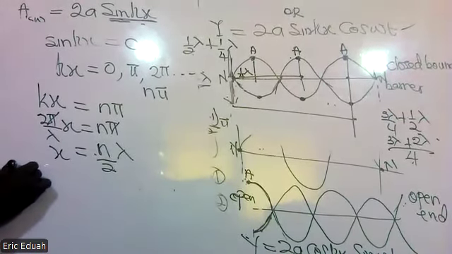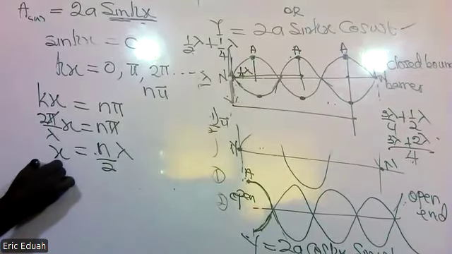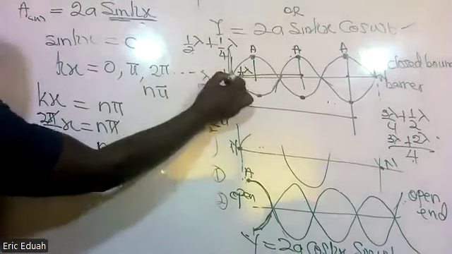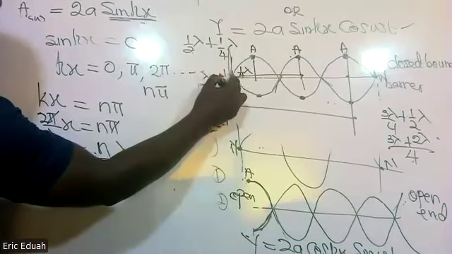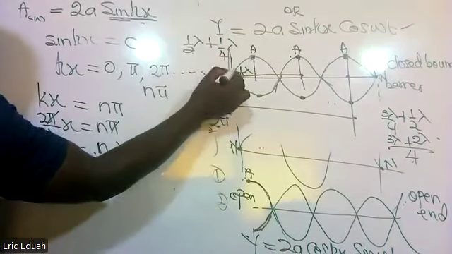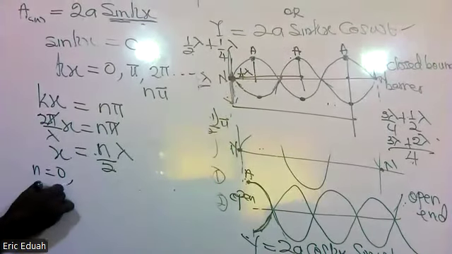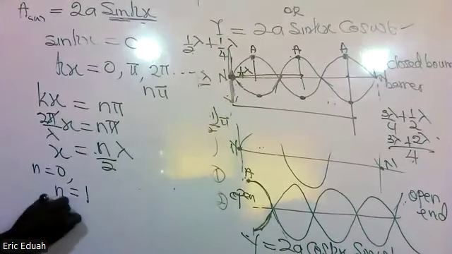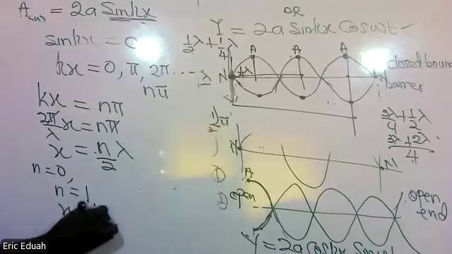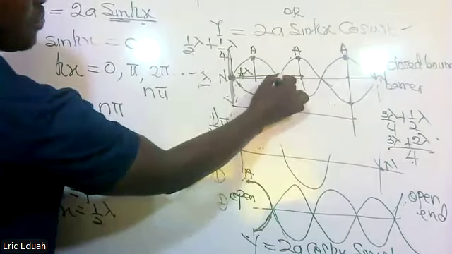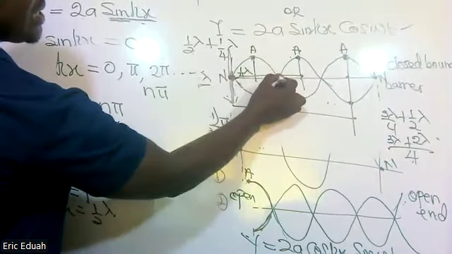So for n equal to 0, x is equal to 0, and it will match here. This is the point where x is 0, and a node will be formed there. For n equal to 1, x will be equal to half lambda. This is another point where a node will be formed.